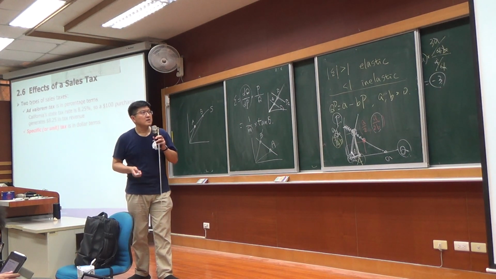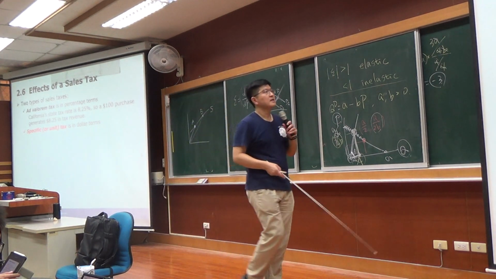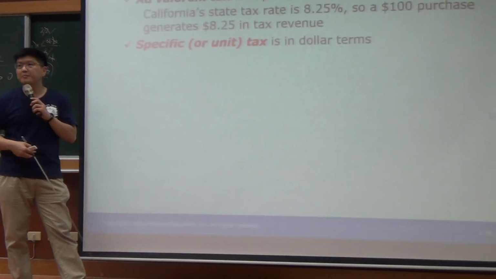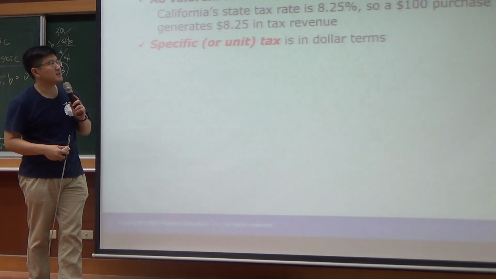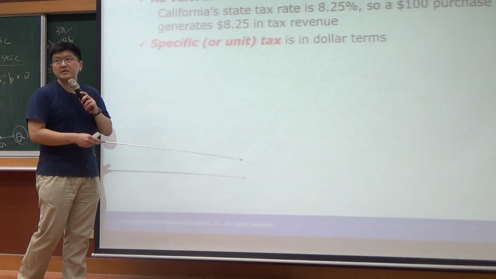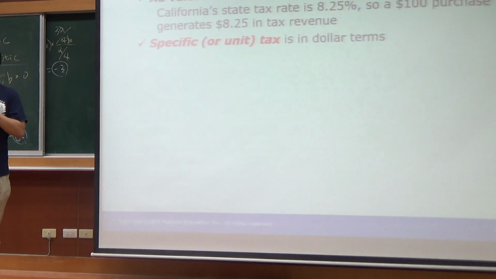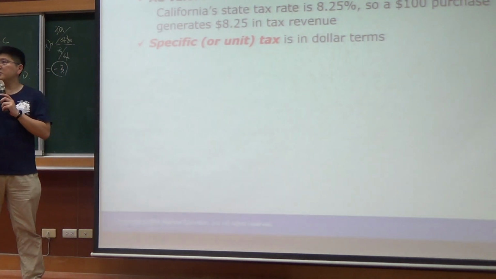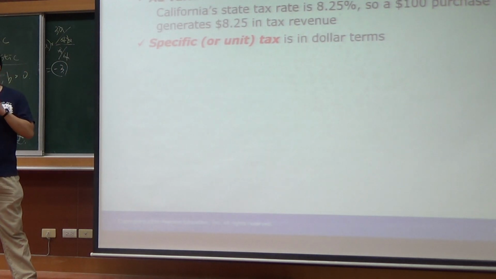Okay, so like the California state tax rate is 8.25%. So if you purchase something for $100, you have to pay an additional 8.25 in tax.